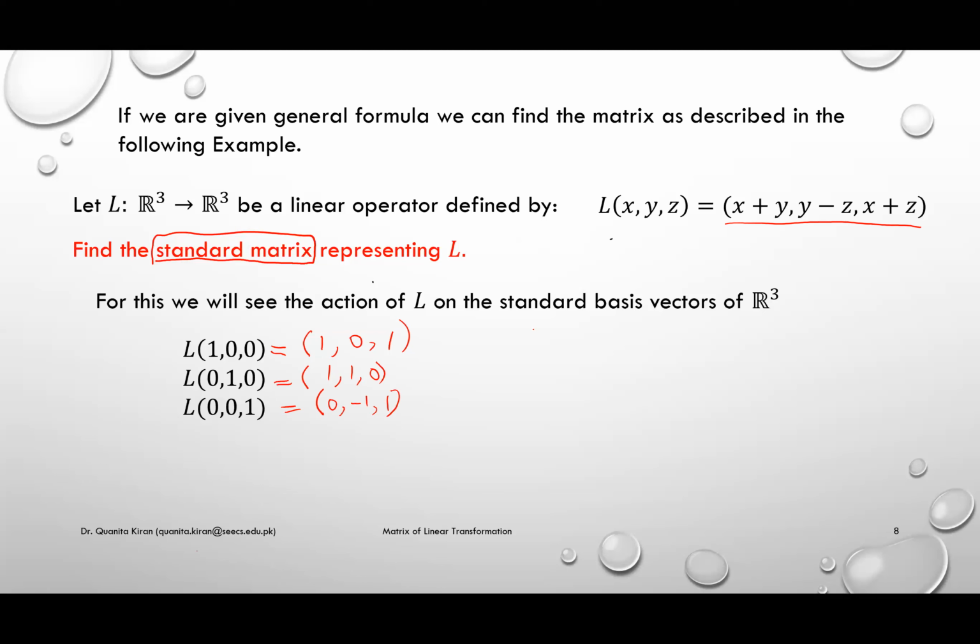If we write these three vectors as columns, we obtain the matrix with columns (1, 0, 1), (1, 1, 0), and (0, -1, 1). We write this matrix A, and it describes the action of the linear transformation L.